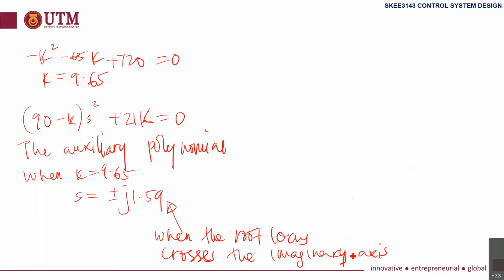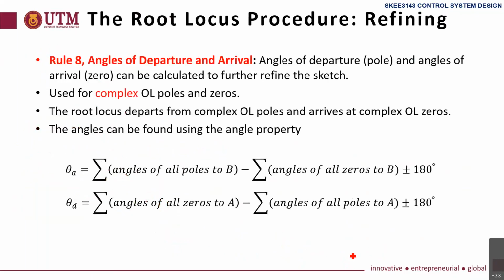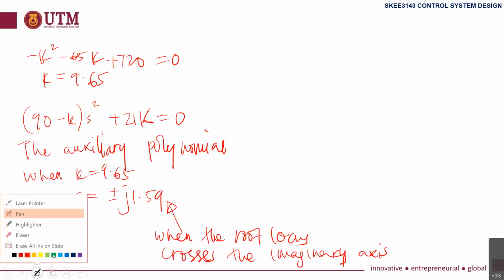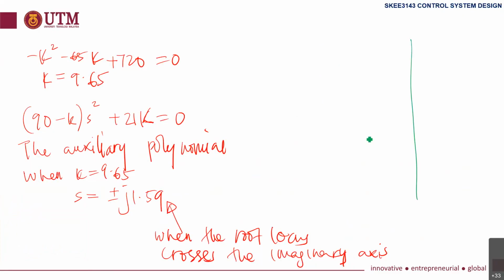It can be obtained by solving using the Routh-Hurwitz criterion. If I redraw the root locus, it is like this.